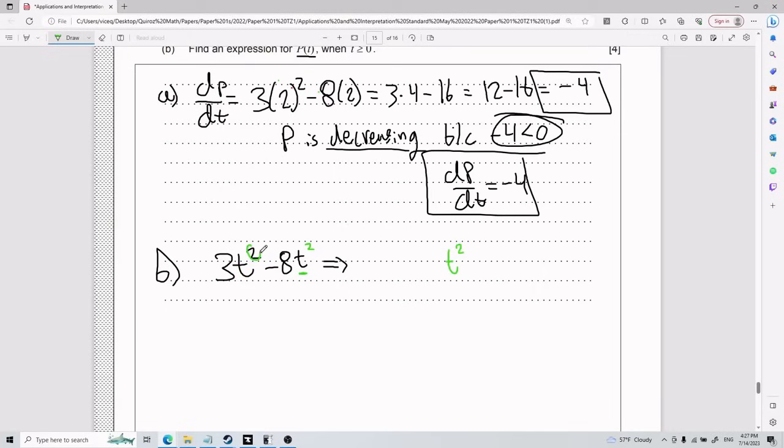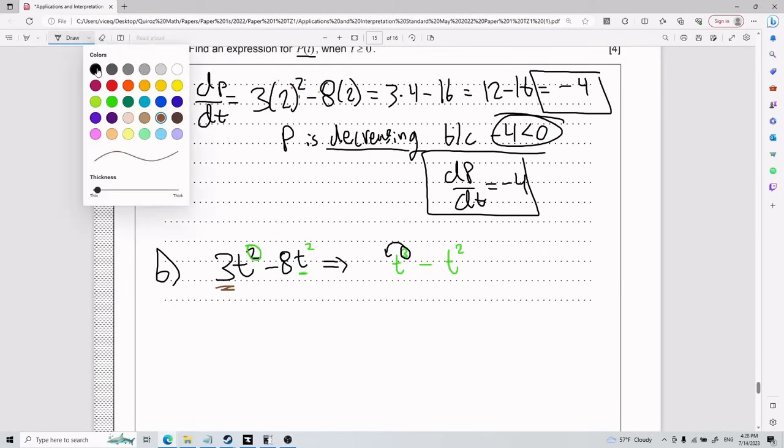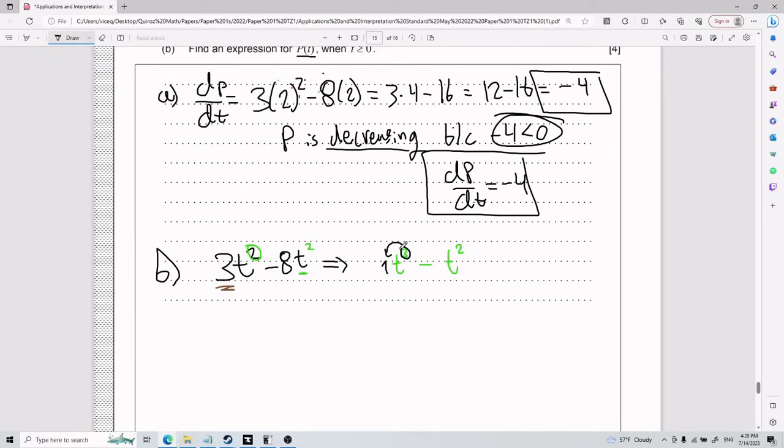If here there's a t squared, that means there used to be a t to the power of 3. That is the first thing I'm going to start off by doing. Now I can think about the multiplying and dividing that happens when I pull this 2 in front. If I pull this in front and ended up with a 3, that means up here there was just a 1, because I would be doing 3 times 1. So the one on the left is good. The one on the right is a little bit different.